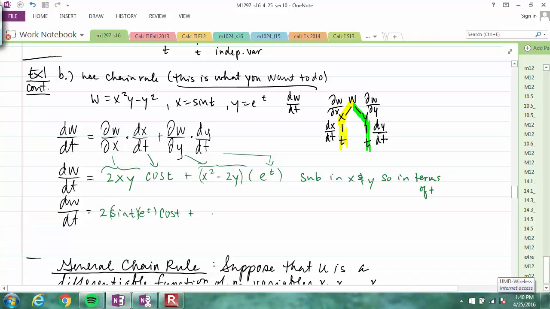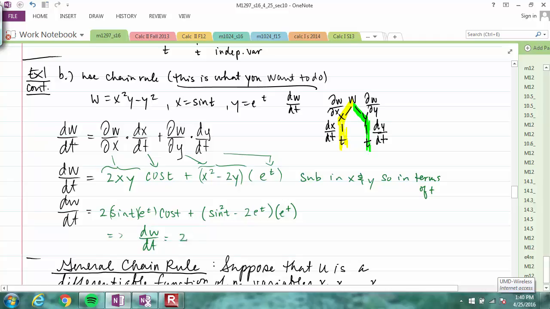So it ends up looking kind of a lot worse here. x squared is going to be replaced by sine t squared minus 2y. We're going to get minus 2 e to the t, and then that's times e to the t. So we're just going to simplify that a bit, and we'll call it a day on that one.